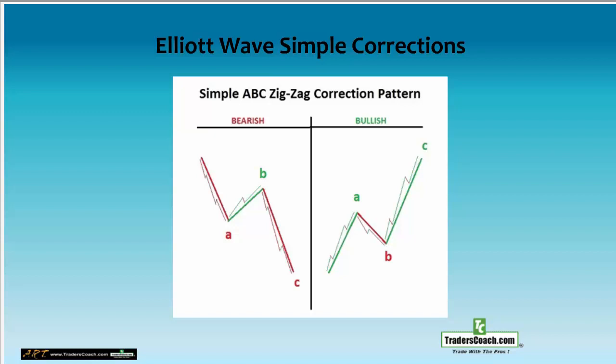So the impulsive waves on a downward correction are A and C, whereas B is going to be bullish. And on a bullish one, the corrective wave is between A and B. So again, A is going to have 5, C is going to have 5, and then the distance between A and B will have 3, okay? All right, so that's kind of the way that looks in there.